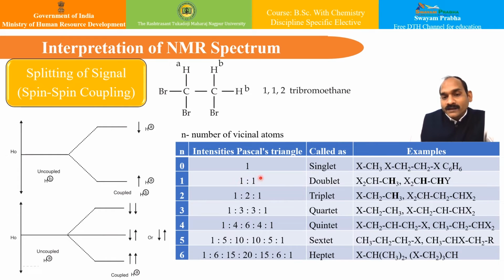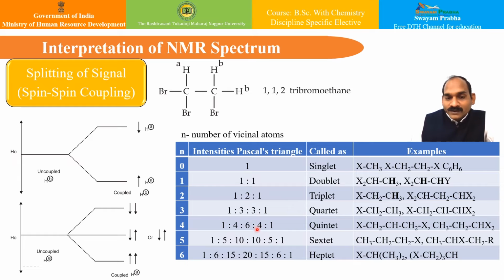When the proton is split due to the presence of two neighboring protons, it will be a triplet, in the fashion 1:2:1. When the proton is split due to the presence of three neighboring protons, you will obtain a quartet. Similarly, you can obtain a quintet, sextet and heptet.